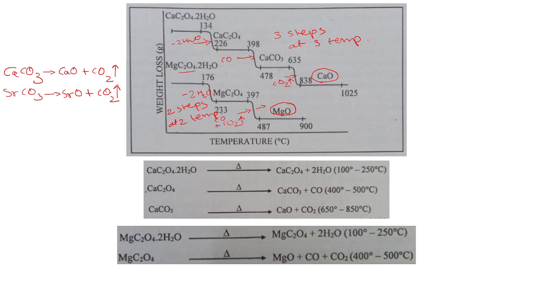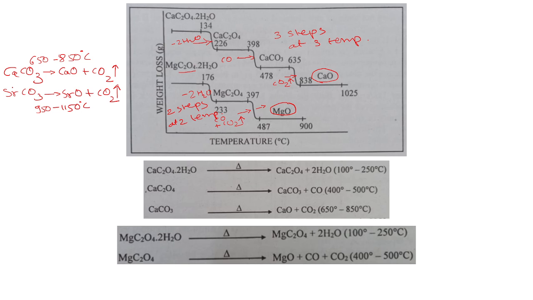Okay, now here what happens? Calcium carbonate decomposes in the temperature range 650 to 850 degree Celsius, whereas strontium carbonate decomposes at 950 to 1150 degree Celsius.